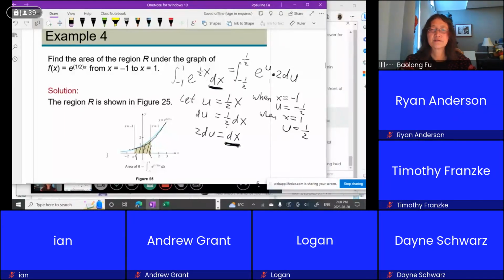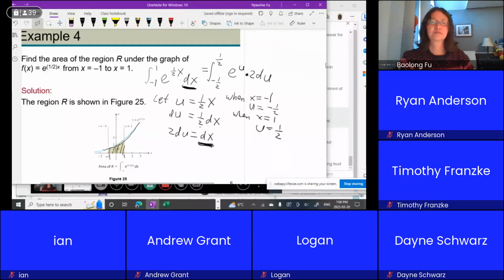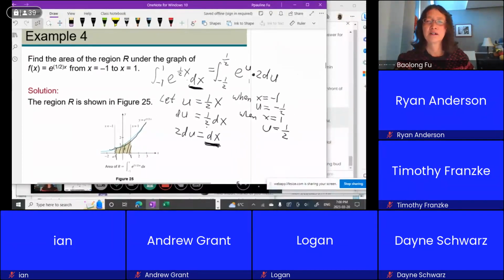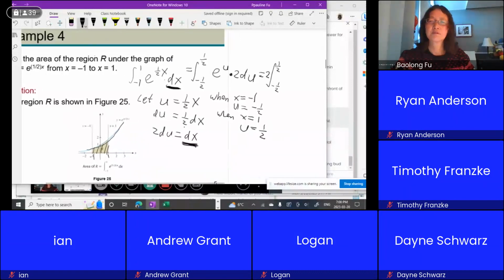Questions? And then move the constant 2 in front of the integral. e^u du.